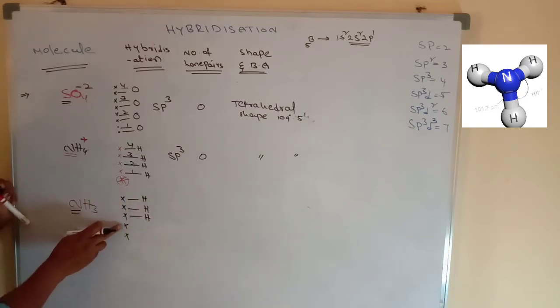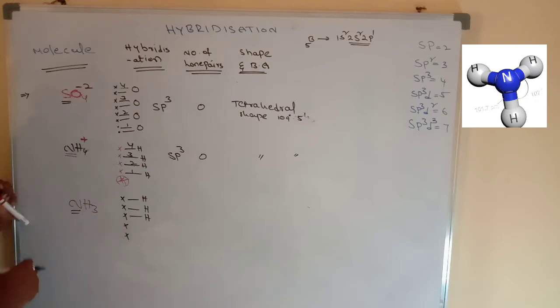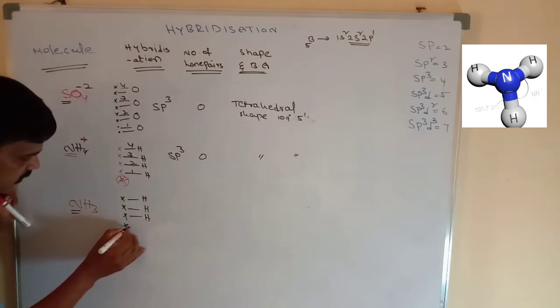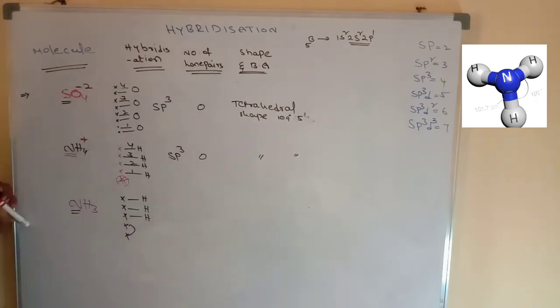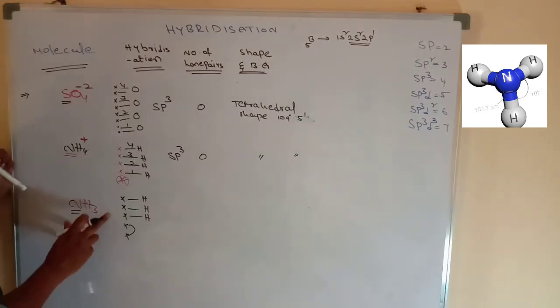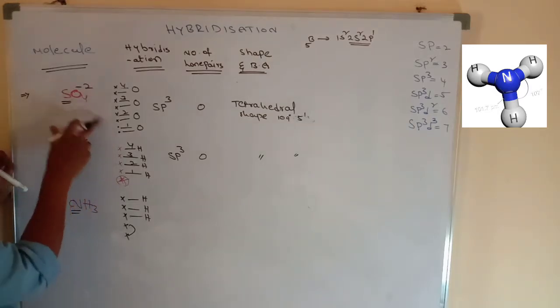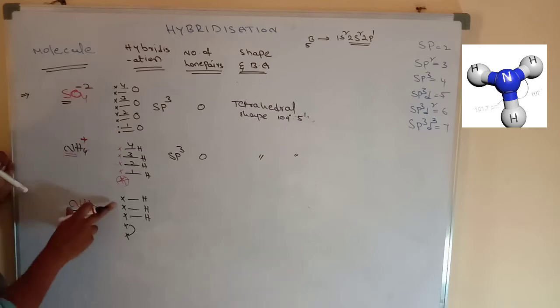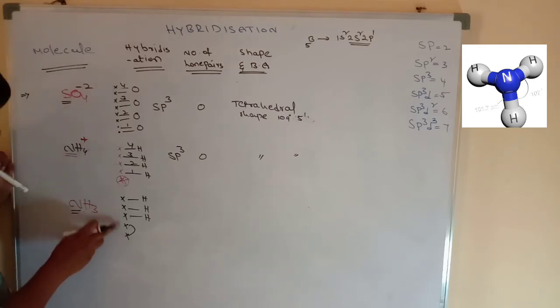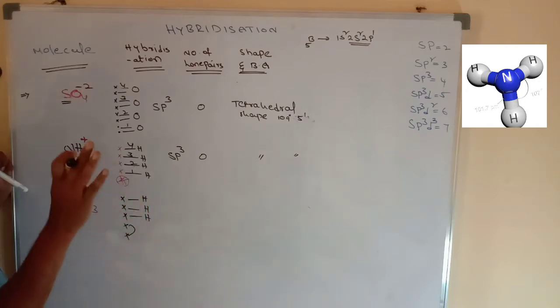Now how many dots are left? 2 dots are there. For those 2 dots, pair them, please remember this. Here 3 hydrogens are there and 2 dots remain, so always pair the remaining dots.